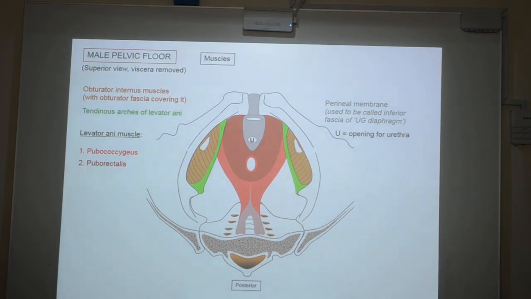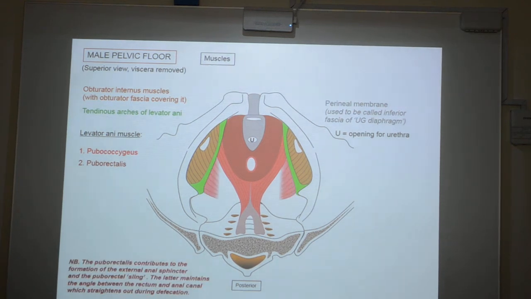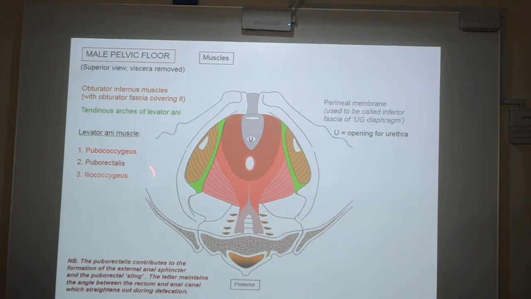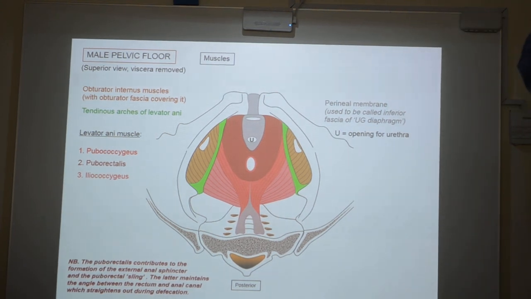Levator ani. The story is not complete. Someone is coming again. Who's this? Iliococcygeus part, from the ilium. So these muscle fibers blend together and make our levator ani.